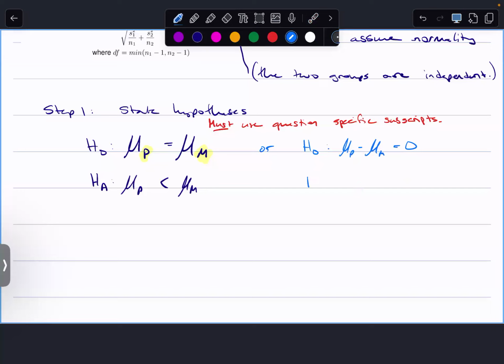So this is why I don't love this setup, because it's not as intuitive. But it doesn't matter.